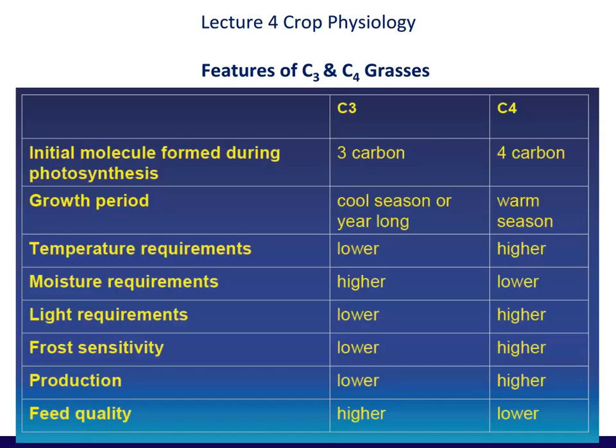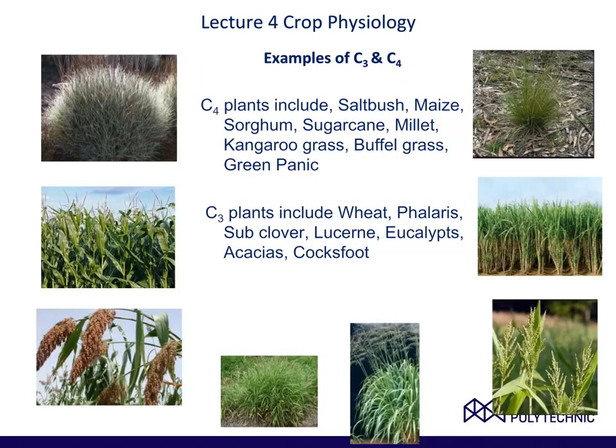There are many complex reasons why these features are found and are different in C3 and C4 plants. We will not cover them here, but those of you that go on to do the plant physiology subject will learn about these in more detail. On the slide you can see some pictures of examples of C3 plants and C4.